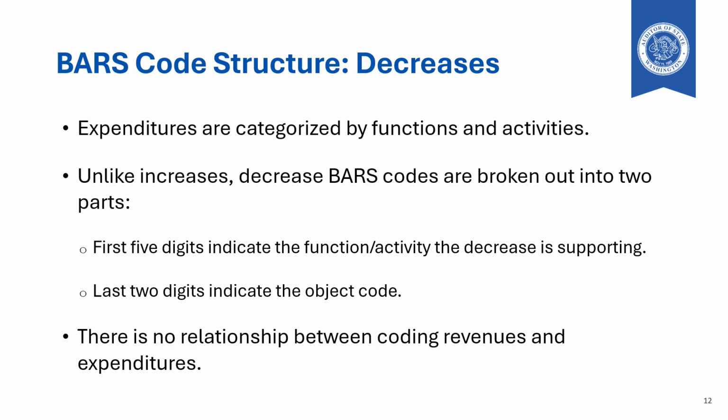In the structure of a decrease BARS code, the first 5 digits indicate the function and activity that the decrease is supporting. Then the last 2 digits indicate the object code, which is what specific type of item was purchased. Lastly, an important thing to remember is there is no relationship between coding revenues and expenditures, so there is no connection between the revenue codes and expenditure codes.